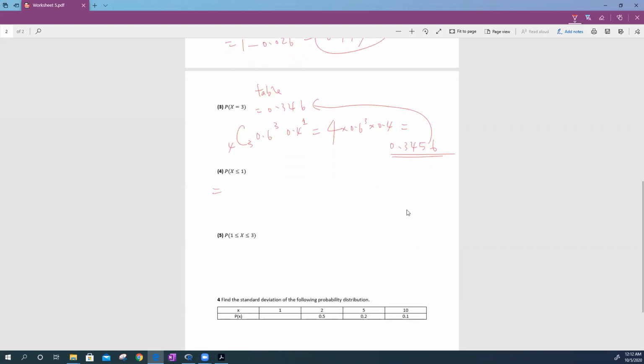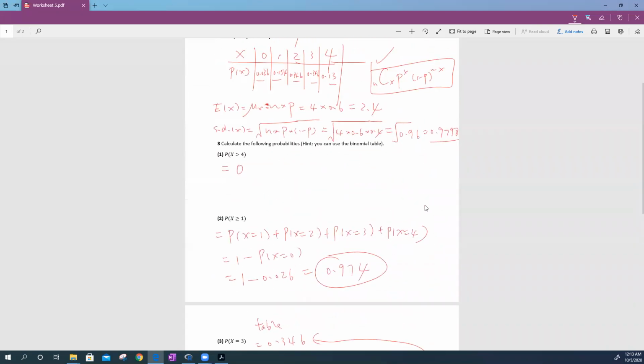Probability of x smaller than or equals 1. Probability of x equals 0 plus probability of x equals 1. When you look at something combined together, just look at the requirement and write in a discrete format what terms add up together to get this one, and then you can figure out.